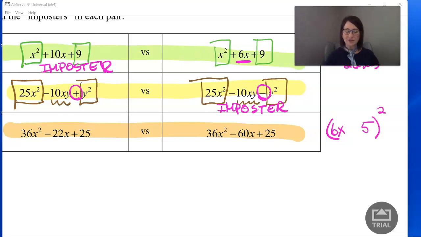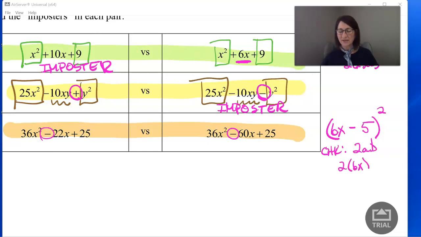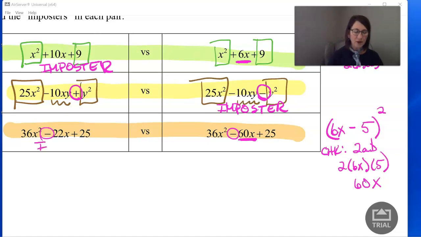Because there's a subtraction sign between the first and the middle, there's a subtraction sign in our binomial. So to check this, it's going to be 2 times our two terms. So 2 times 6x times 5, which is going to be 60x. There's our 60x. That is the perfect square trinomial. This other one is our imposter.